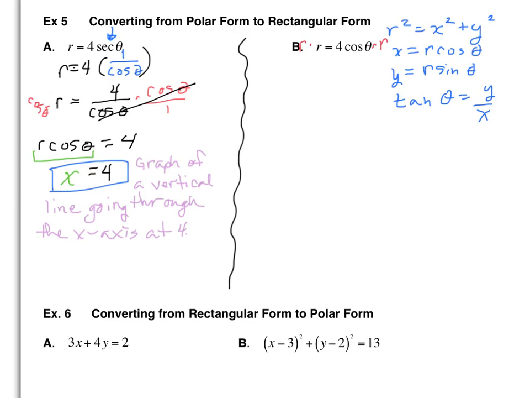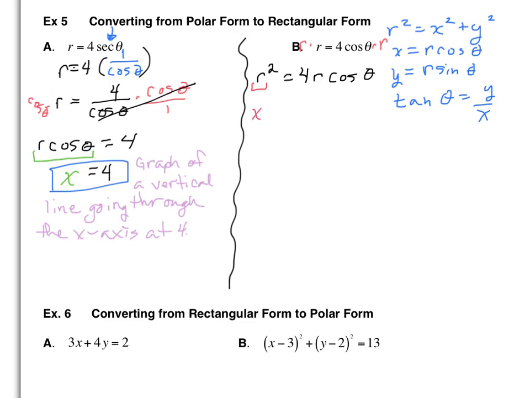And then some magic actually occurs. On the left, I get r squared, which I have a direct substitution for, equals. And I prefer to write this as 4r cosine of theta. You always want the r in front. So 4r cosine of theta. So what does the r squared substitute for?